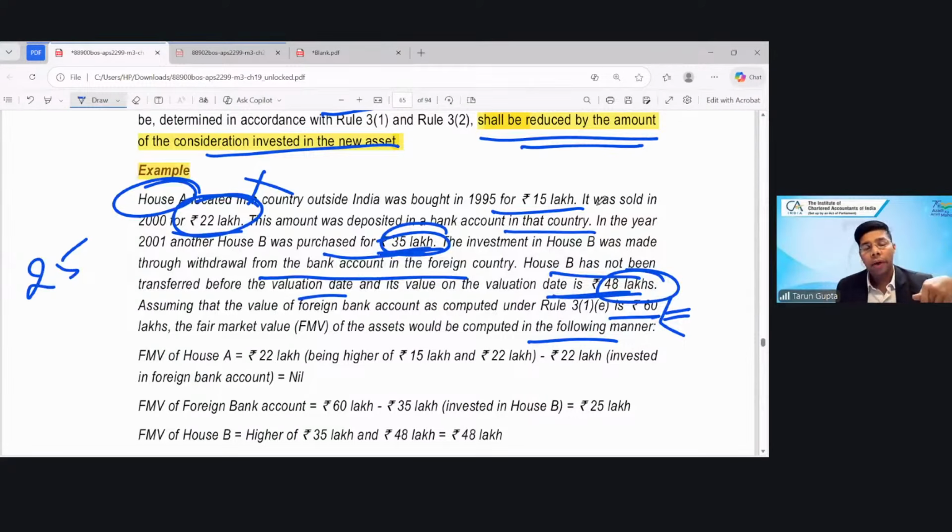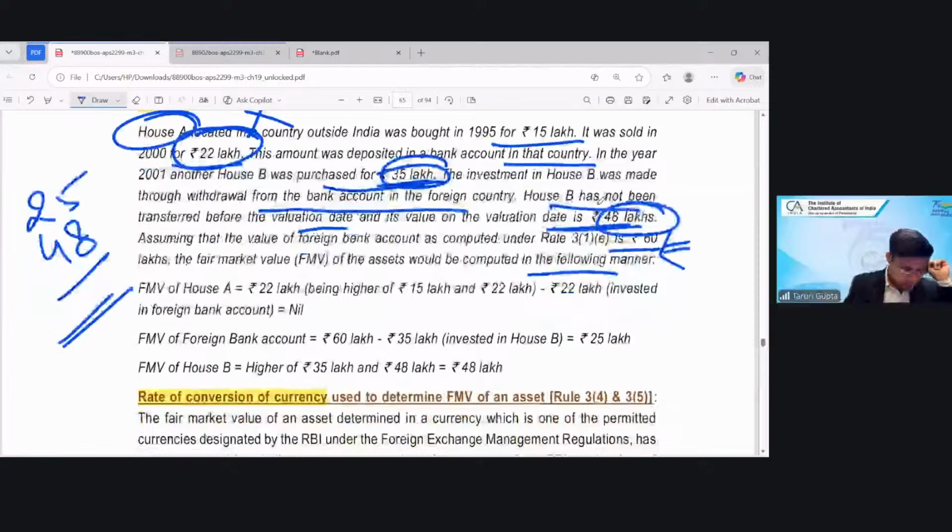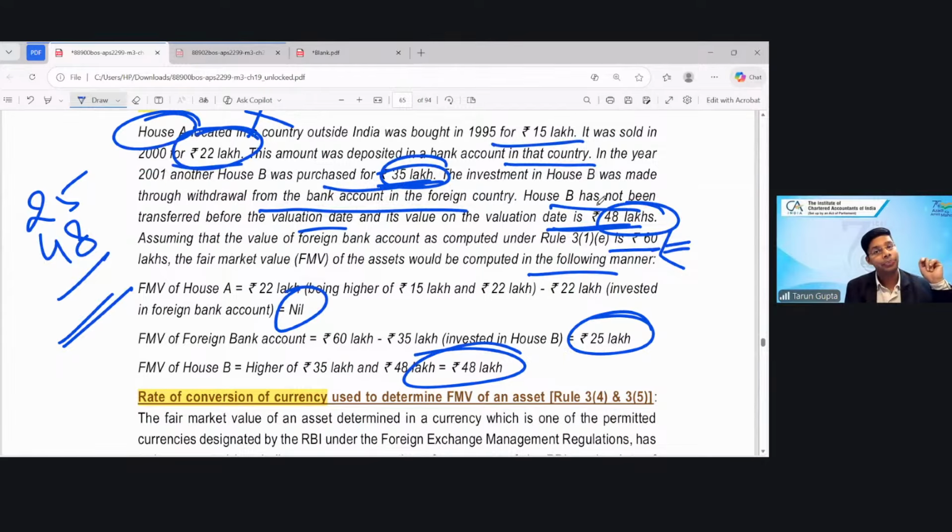And house B, I will include, which was purchased for 35 lakh. Now the price is 48 lakh, whichever is higher, 48. So these are my total values on which I will be subject to black money. So house A nil, bank 25 lakh, and house B 48 lakh. Okay.